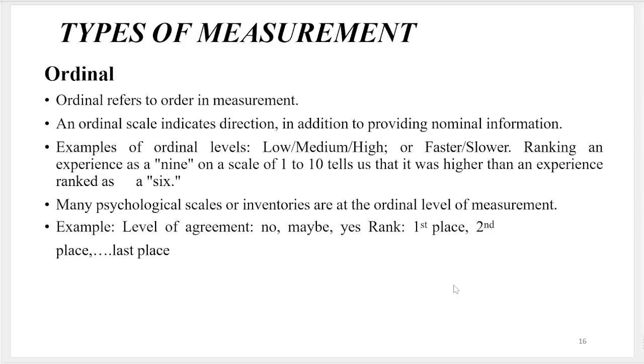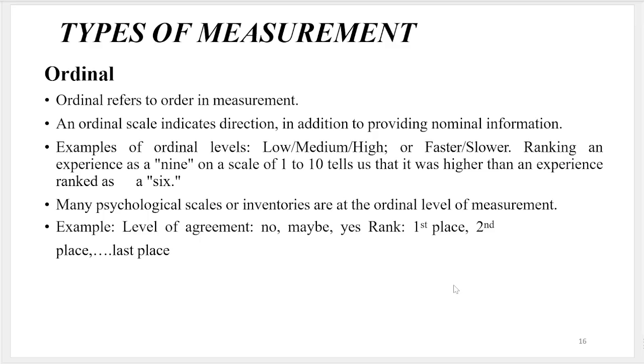Ordinal measurement refers to data that can be ordered or ranked, meaning it provides both categorization like nominal data and a sense of direction, higher or lower, but without indicating the exact difference between values.